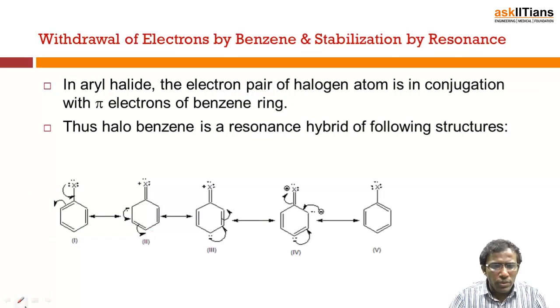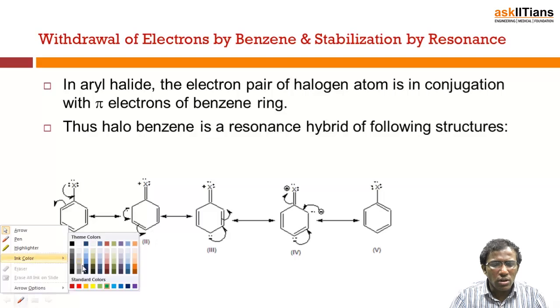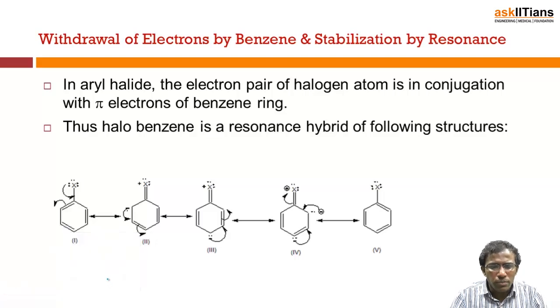in depth. The first thing is the withdrawal of electrons by benzene. You can see here the halogen atom has 3 lone pairs of electrons, and these lone pairs are in conjugation with the double bond. The halogen donates this lone pair of electrons and we get a set of resonance structures or canonical structures.